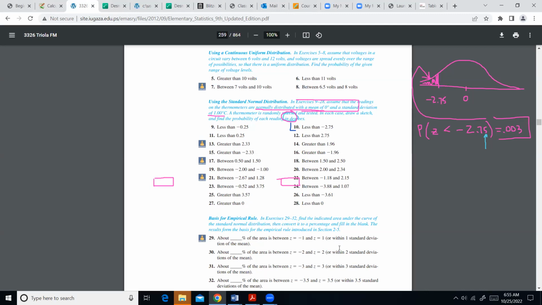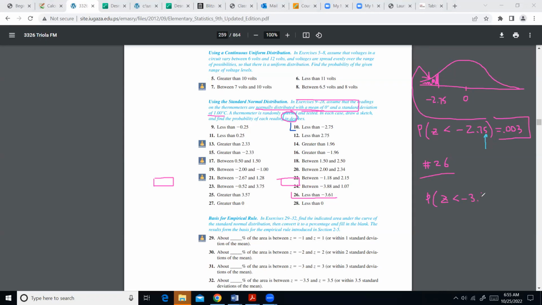So how about exercise number 26? There's one more problem. So now they want again the area to be less than negative 3.61. Okay, so Z is smaller than negative 3.61.